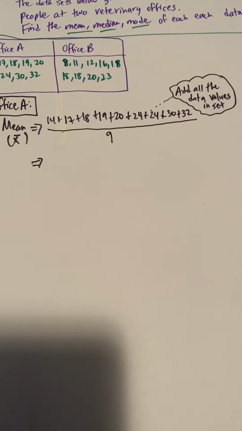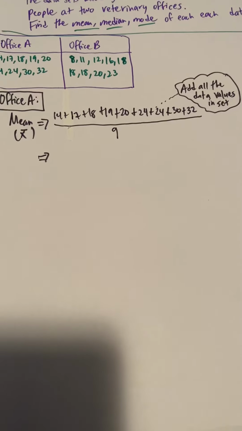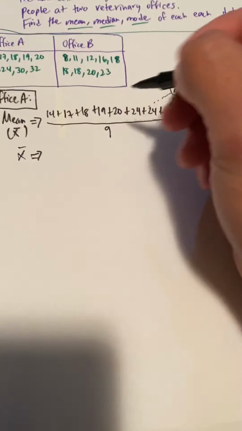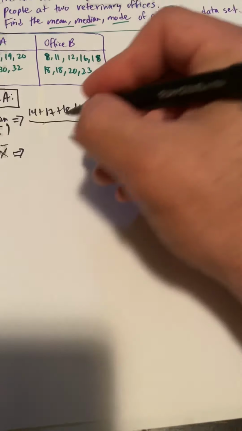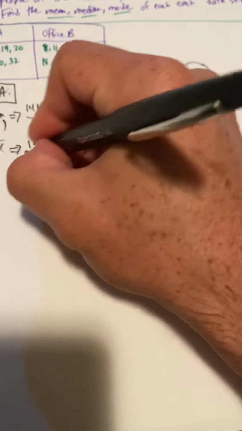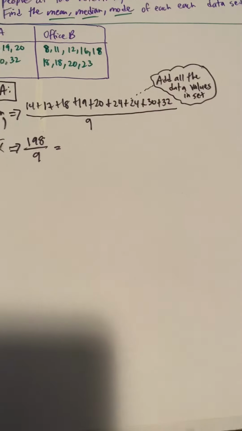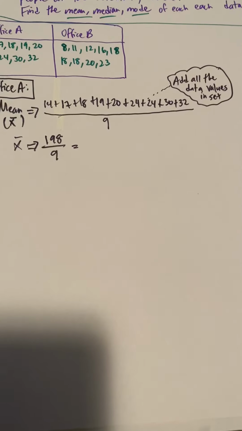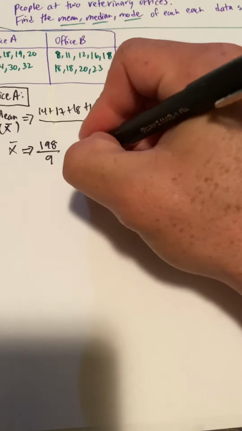To do that, you could just use your scientific calculator, or you can do it by hand. I'm just going to save some time here. So X bar is equal to, once we add the numerator up, all of these, we're going to end up with 198. And we're going to divide this by 9. Okay. 198 divided by 9 gives us exactly 22.